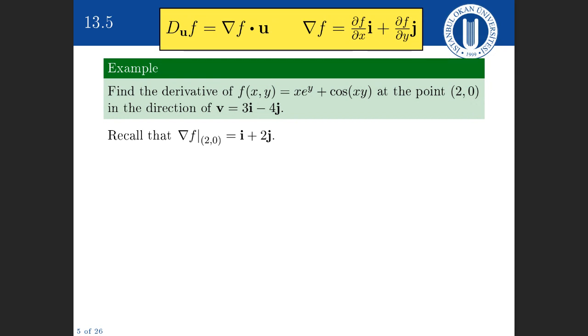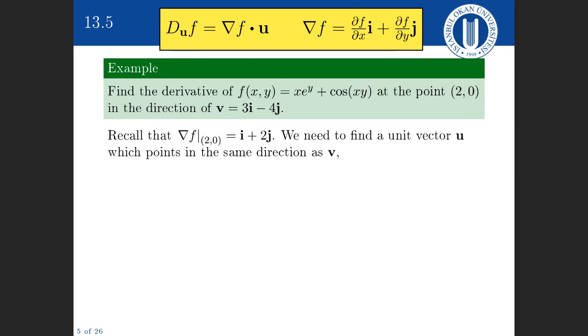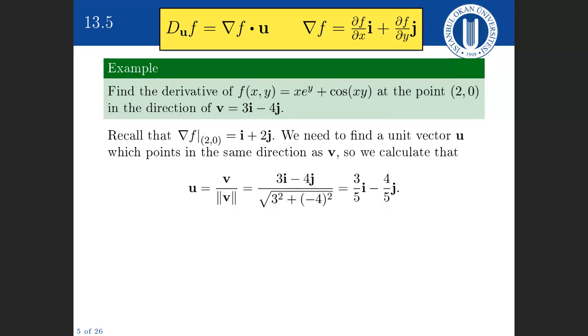Next, we want to find the directional derivative of f in the direction of v, but v is not a unit vector. We need to find a unit vector u which points in the same direction as v. How do we do that? How can we always find a unit vector pointing in the same direction as v? We just divide v by its norm.